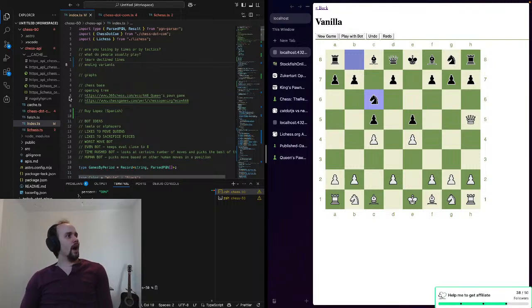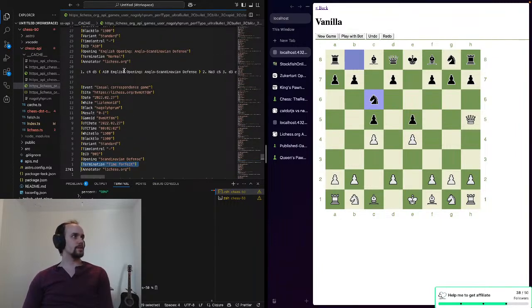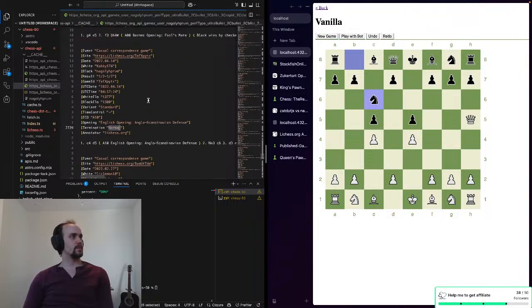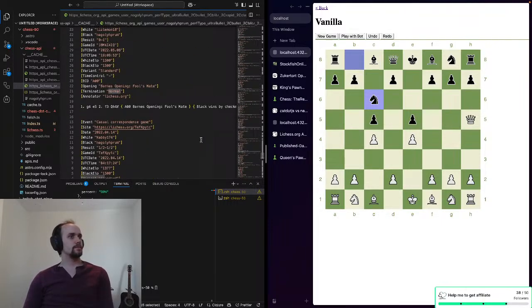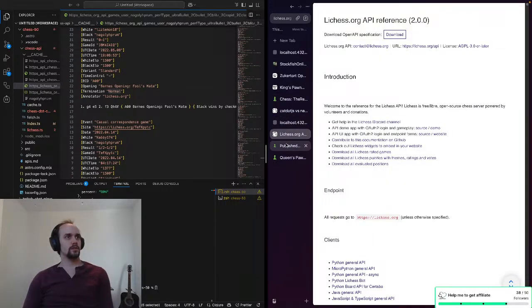So let's take a look. There is this idea of termination. There is this idea of normal. So let me look at the Lichess API really quick, because I remember it saying that there's something that marks the mid game, the late game, and the early game.